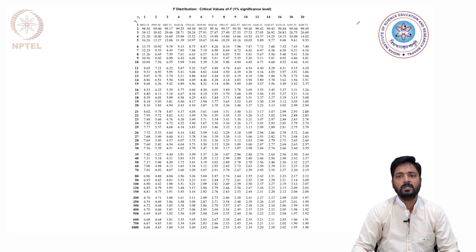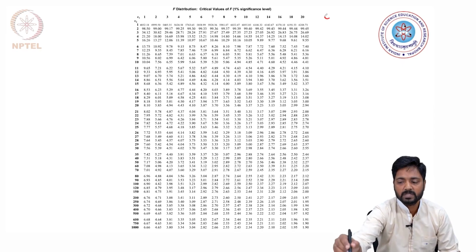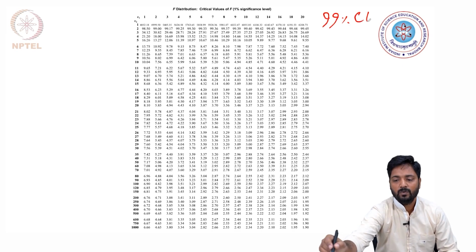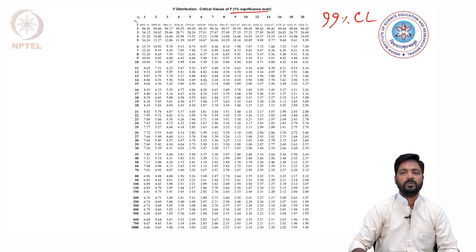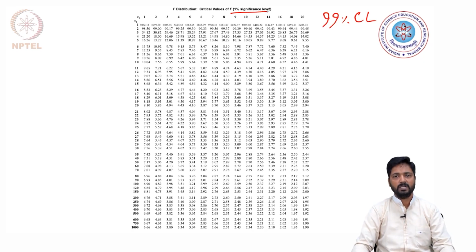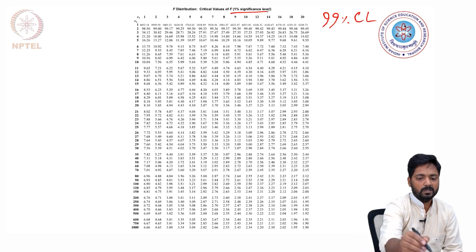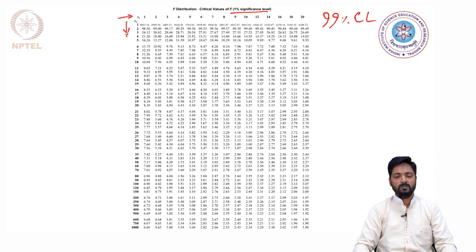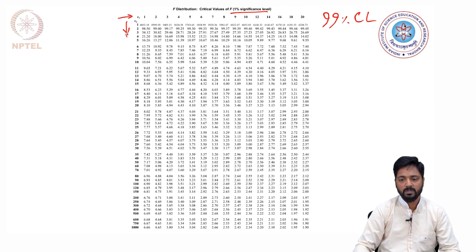Now going to 99% confidence level or 1% significance level, we have another table which is again similarly tabulated with the 2 degrees of freedom being mentioned in the table.